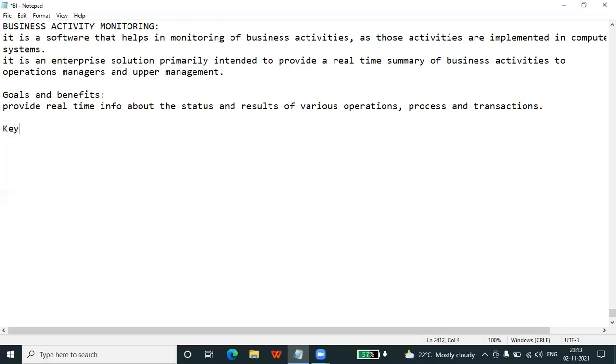What are the key features? One of the most visible features of business activity monitoring is the presentation of information on dashboards containing the key performance indicators used to provide assurance and visibility of activity and performance.